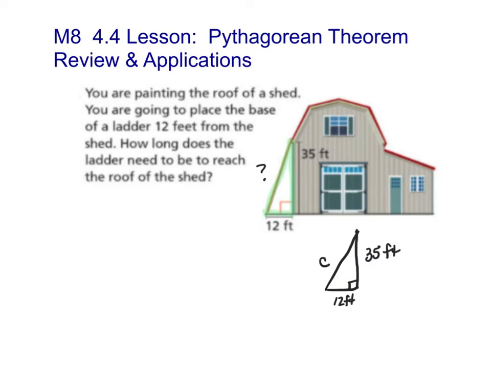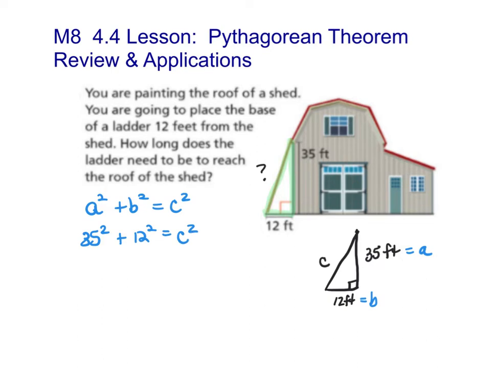To do this, we're going to use the Pythagorean Theorem that says a squared plus b squared equals c squared. I'm going to use 35 for my a and 12 for the b. So we have 35 squared plus 12 squared is equal to c squared.